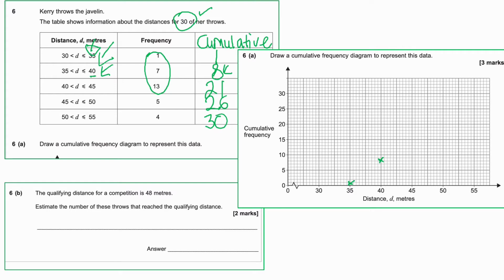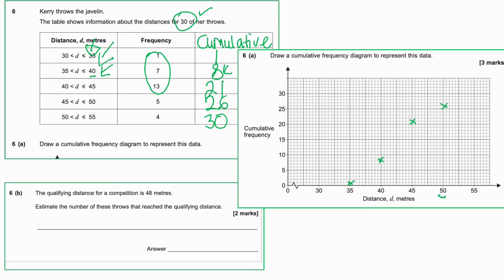The next one we'll do is 45, and we'll do it with 21. So 45 here on the x-axis, and we'll go up to 21. And then we're going to do 50 and 26. So 50 here, all the way up to 26.